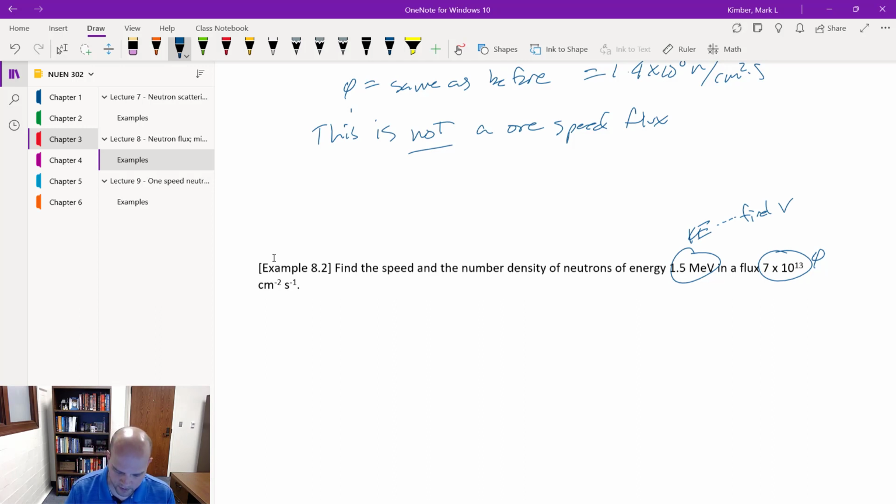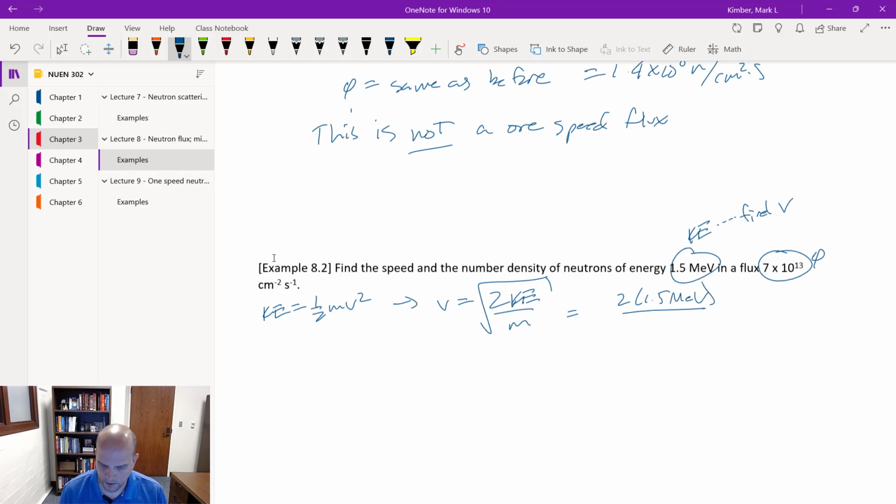Let's do that first. So kinetic energy is going to be 1/2 mv squared, which tells us that V is going to be the square root of 2 times the kinetic energy divided by mass. And so we are going to then just use this information. We have 2 times 1.5 MeV divided by the mass, which is a mass of a neutron, 1.008665 AMU.